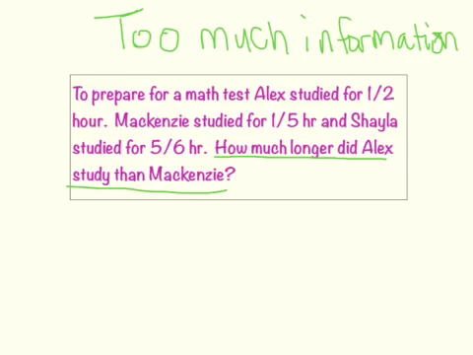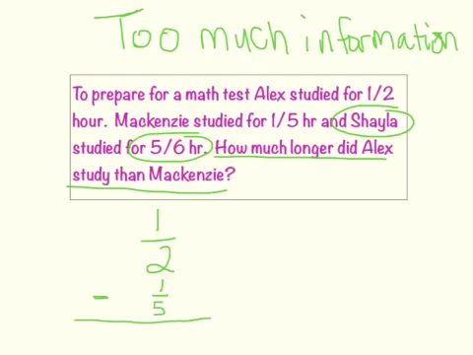Can you figure out what part of the story problem we didn't need? If you're looking at the fact that Shayla studied for 5/6 hours, that has nothing to do with our question. Shayla's not even in our question, so that is the extra information. To solve this problem, I would have to take the 1/2 that Alex studied, and I would have to subtract from it the 1/5 that Mackenzie studied. So that's how I would solve this problem.